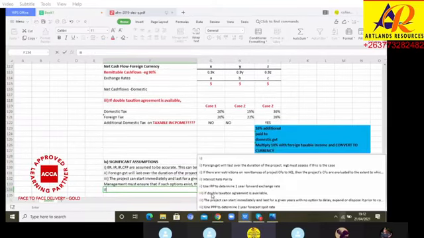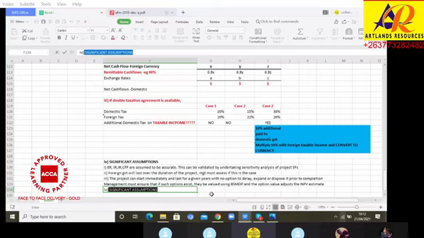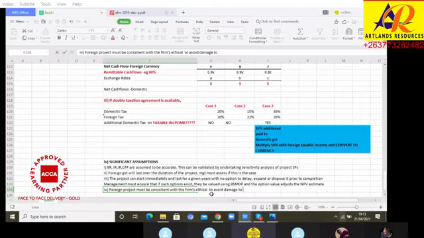Another one: the foreign project must be consistent with the firm's ethical stance to avoid damage to the firm's reputation by association.